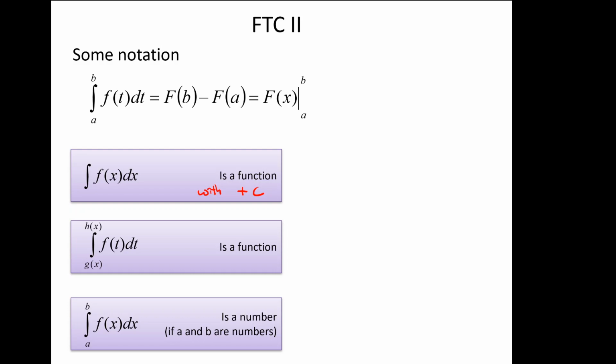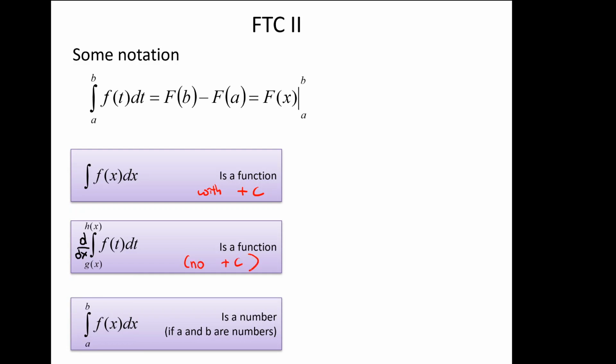You'll always get a plus c when you're doing an antiderivative without bounds. Whenever you have an antiderivative where the bounds are functions, or the derivative of the antiderivative where the bounds are functions, you will get a function as a result. And there will be no plus c.